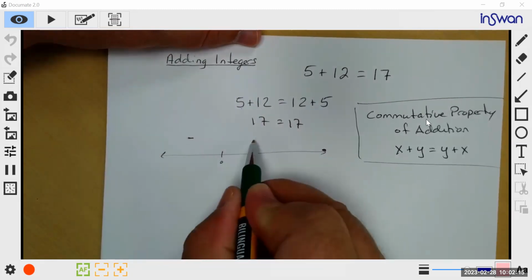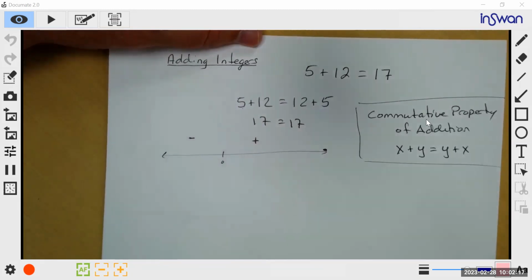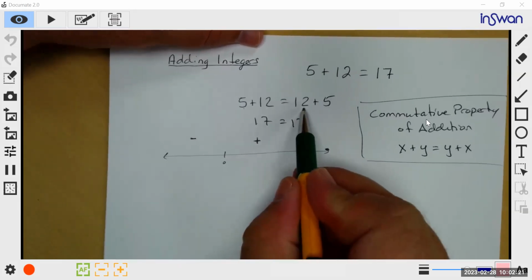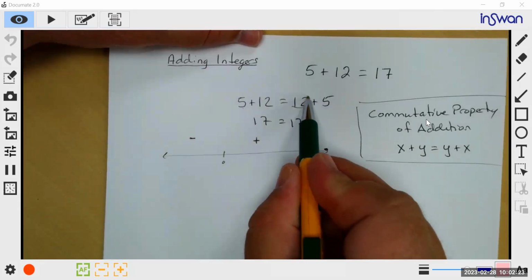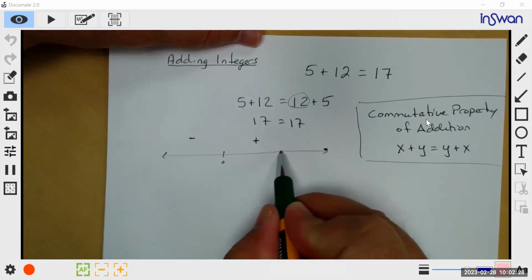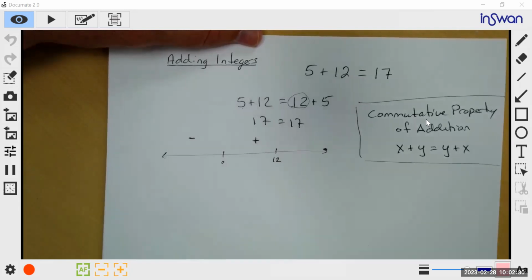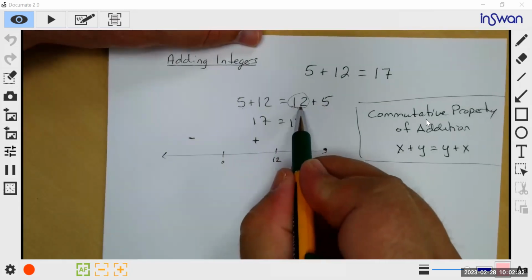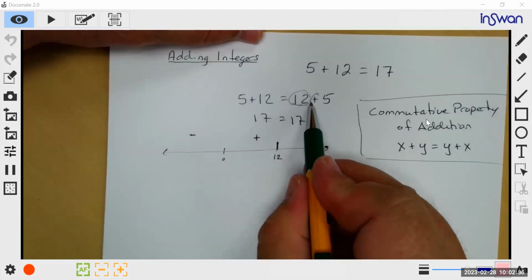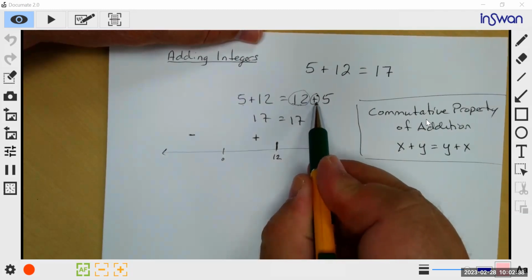Negative. Anything to the right is positive. So far, so good. Is 12 positive or negative? So from 0, we go out 12 spaces. That's this one. Now, from here, which direction do we go? Since it says plus, do we go which direction?